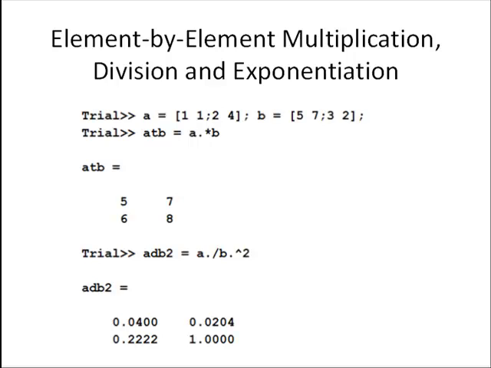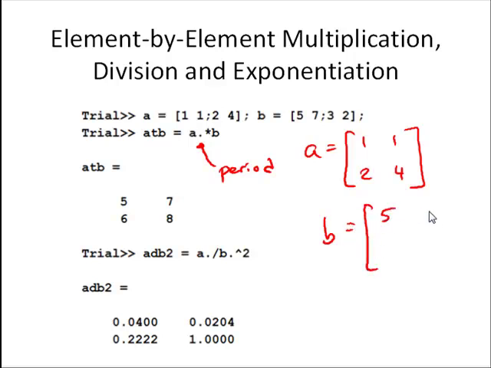For element by element multiplication, division, and exponentiation, the same as before, we need to have that period to do element by element. So here we have two matrices defined as A is equal to 1, 1, 2, 4, and B is equal to 5, 7, 3, 2.